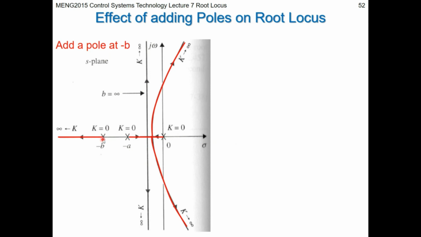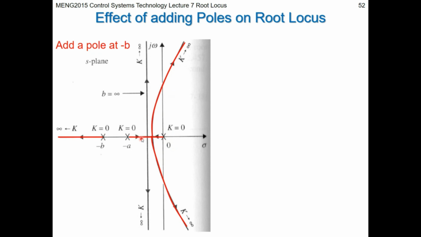Well, the locus shape has changed because now I've got 3 poles and no zeros. So I'm going to have 3 asymptotes, 3 loci going off to infinity. If I have 3 going off to infinity, then they're going to be 120 degrees apart, because it's 360 divided by 3.